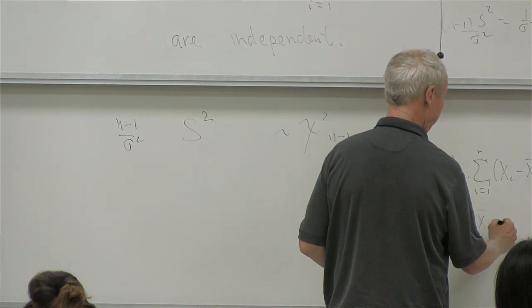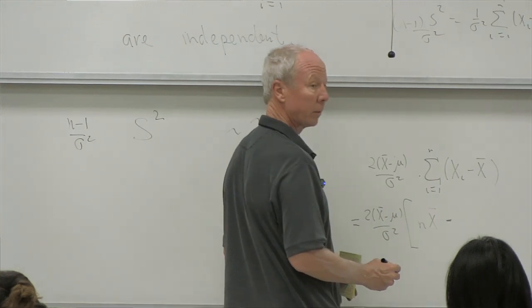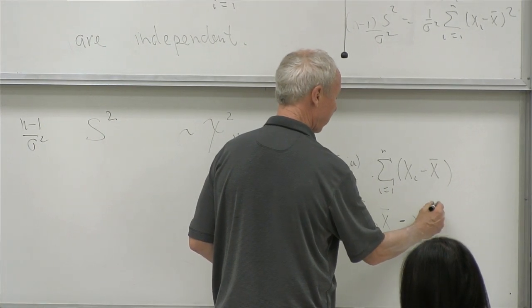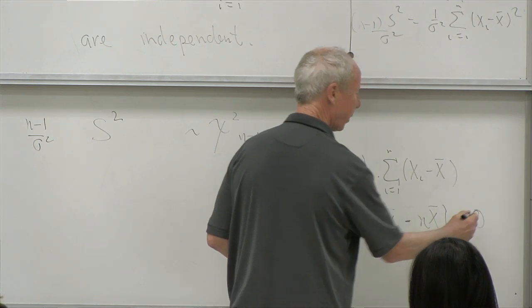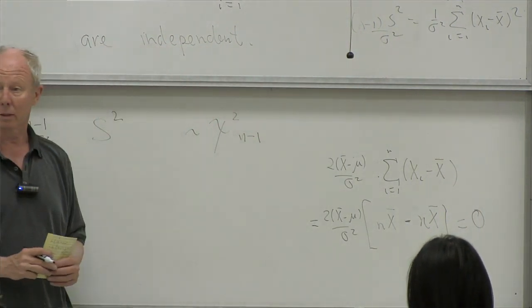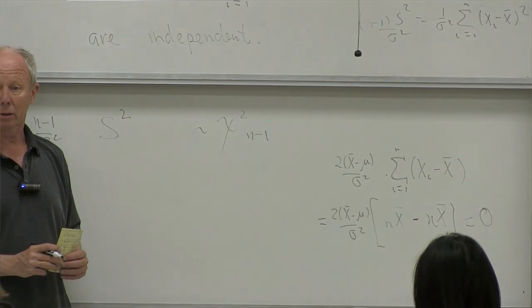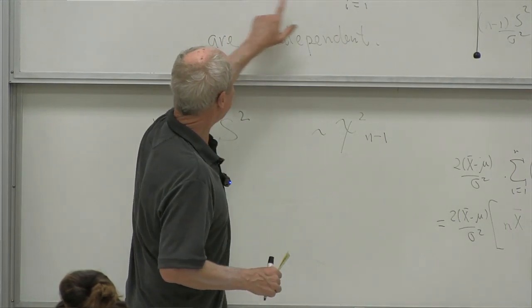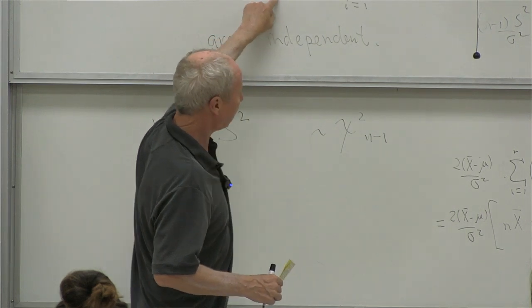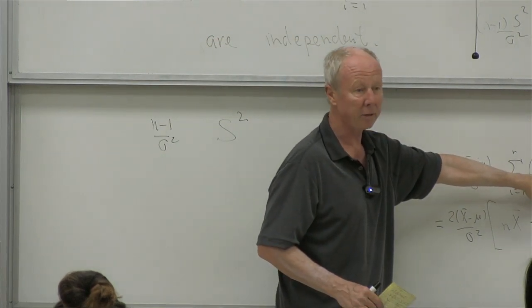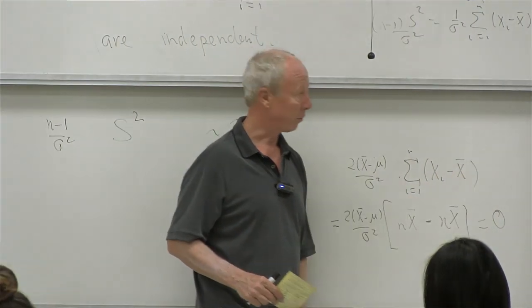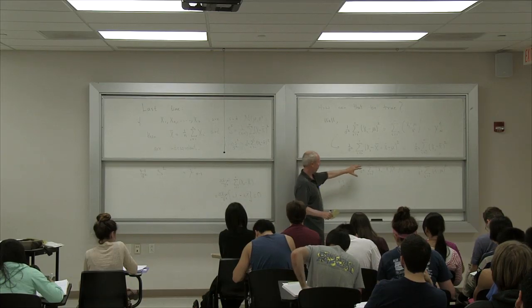Now I add this up how many times? n times, so I get minus n x bar. So what's that equal to? 0. The sum of the xi's is n times x bar, and if I sum up x bar n times, I get n x bar. So n x bar minus n x bar is 0. So the second term here is 0.